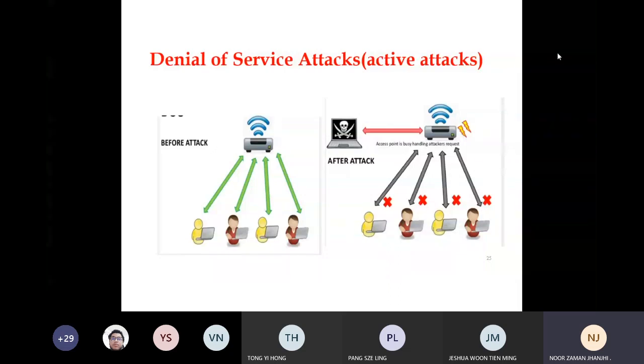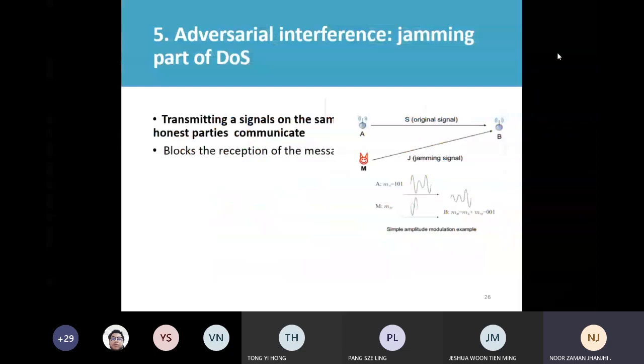When these 4 people try to access it, the message is that it is overloaded, and they are not able to connect. This is how they redirect, flood or overload the traffic to disturb it. I hope you understand.